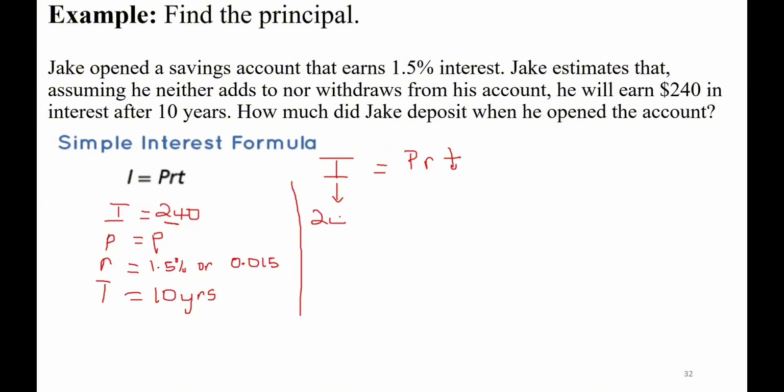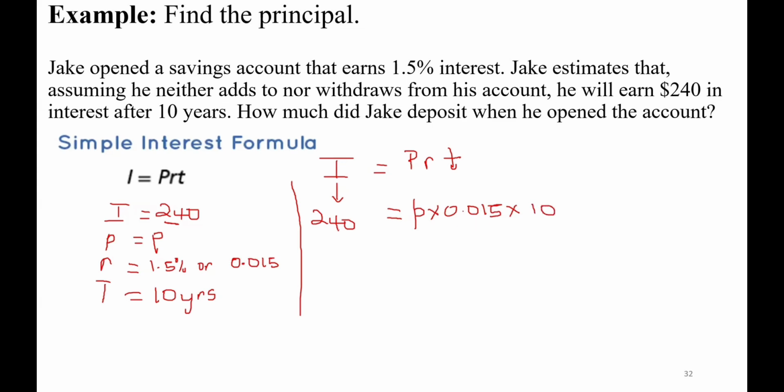Equals P. I don't know what P is, so I'm going to write the P here. Times R. I know my R, the interest rate, which is 0.015. And the time, I know the time because it is 10 years as stated in the question.